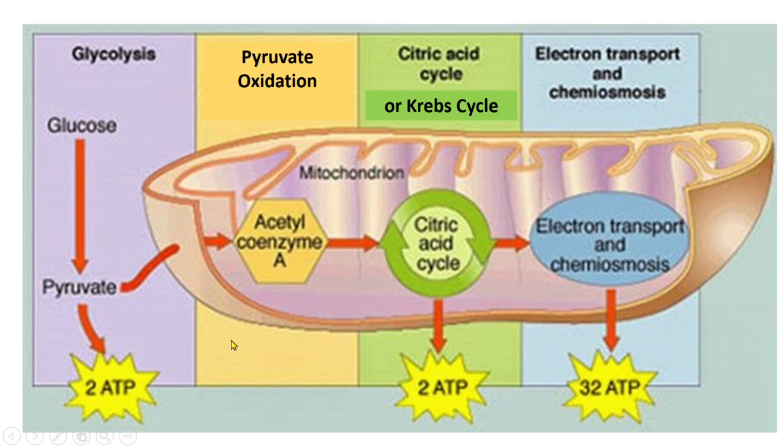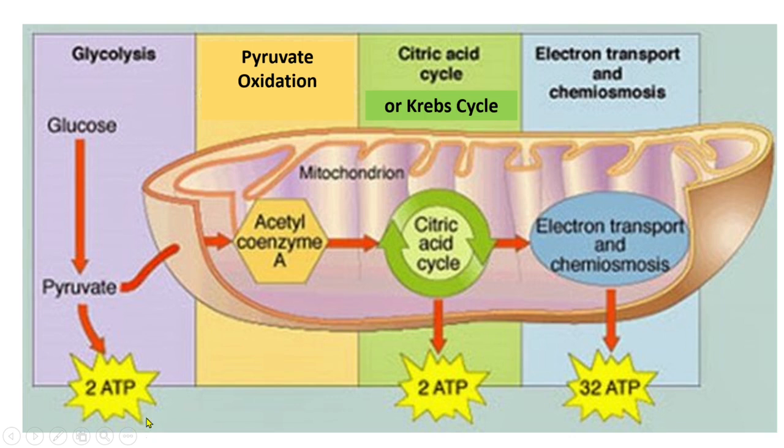Okay, another thing we have to take note of here is that the ATP in glycolysis is said to be substrate level phosphorylation. The ATP produced in the citric acid or Krebs cycle is also substrate level phosphorylation, while the ATP produced through the electron transport chain and chemiosmosis is said to be oxidative phosphorylation.